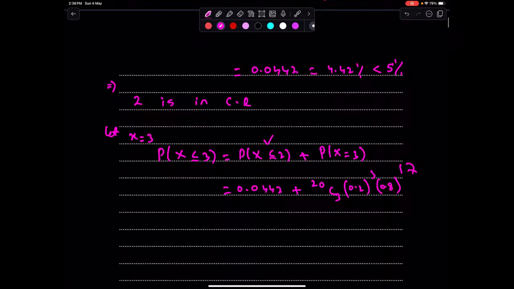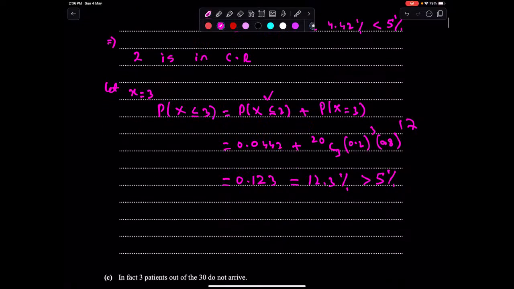This is 0.8. Now this probability is 0.123, which is 12.3%. So greater than 5%. Therefore 3 is not in critical region.